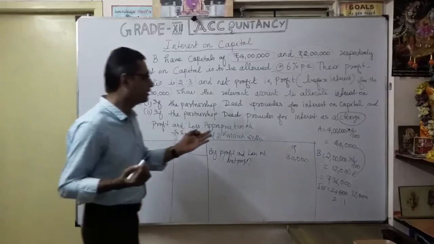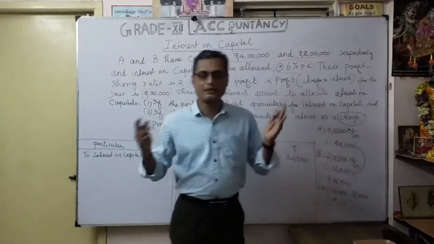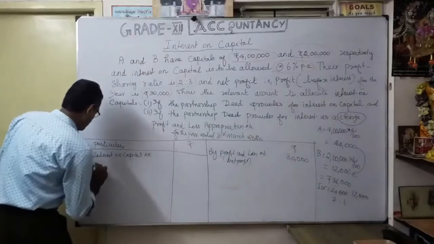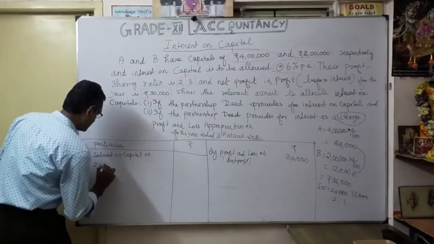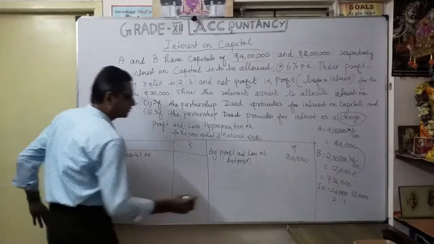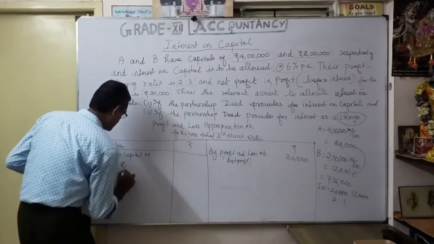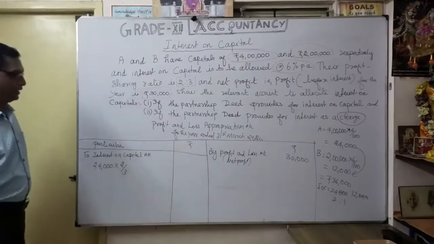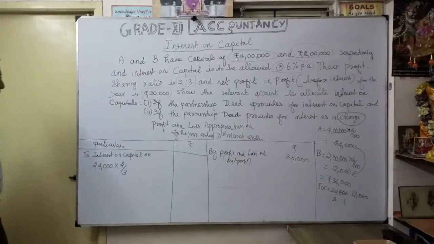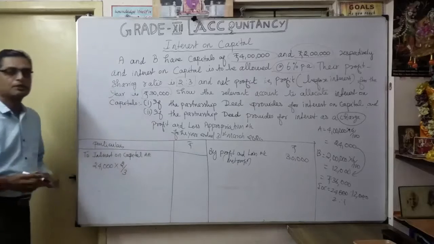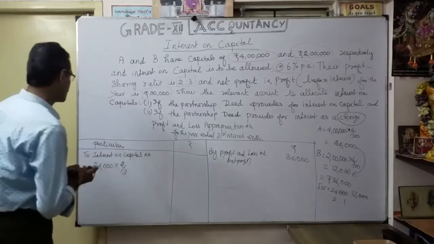You know already 24,000, but here you can't show it as 24,000. So now, 24,000 into the simplified ratio, 2 by 3.